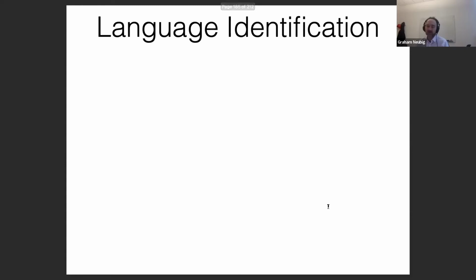Language identification, as I mentioned before, is the task of identifying the language that a particular text is in. And this is really important for a very broad number of reasons. The first reason might be that you want to show people content only in a language that they speak.